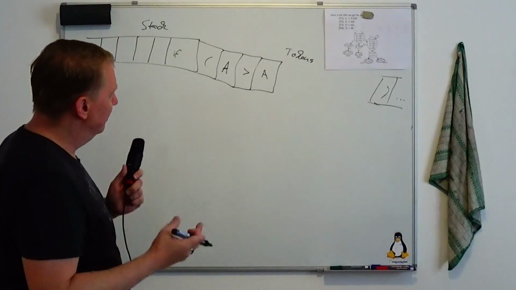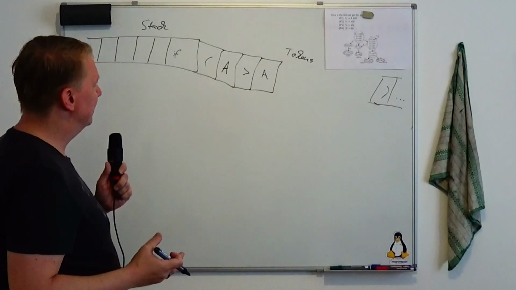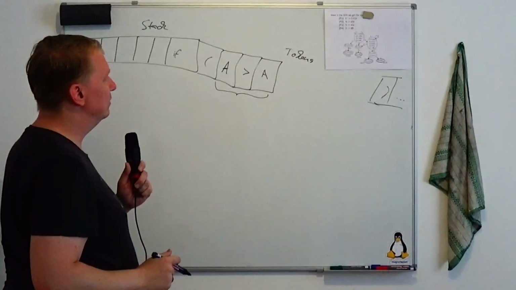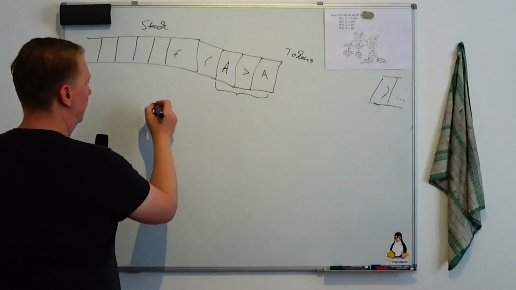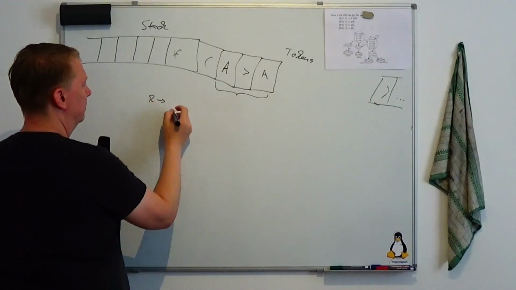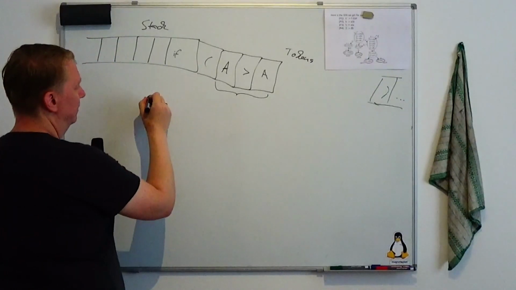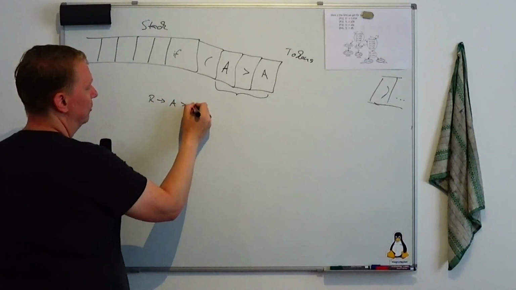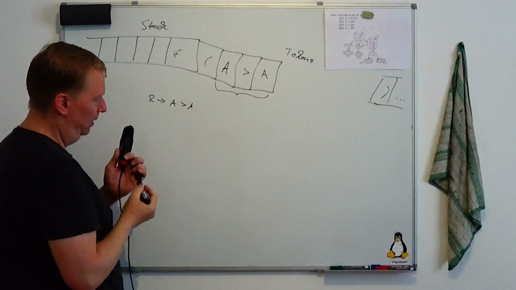Then the other thing that an LR parser can do is it can say, hey, this here is the right-hand side of one of these operators: relational expression, arithmetic expression greater arithmetic expression.